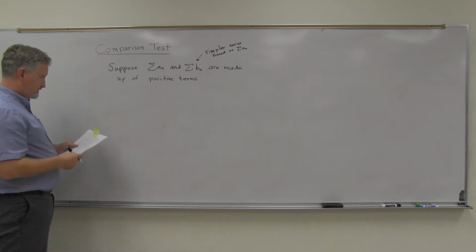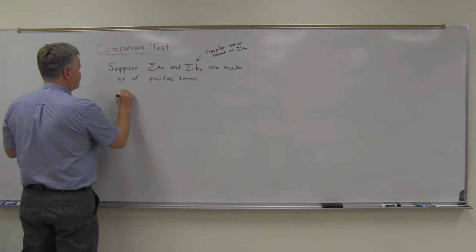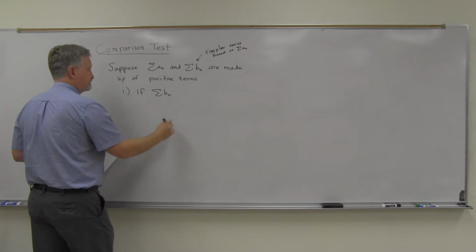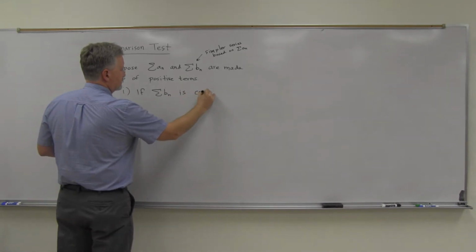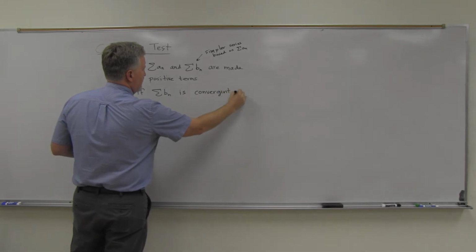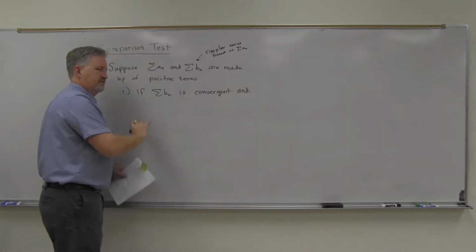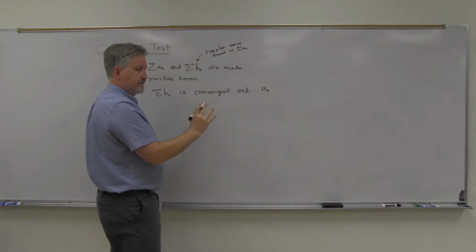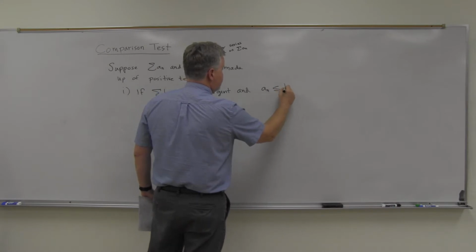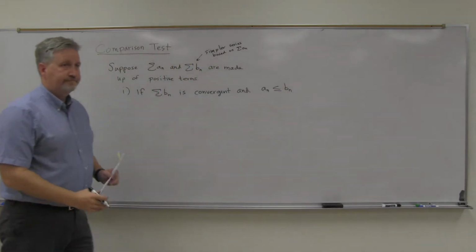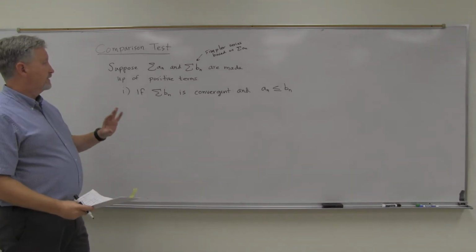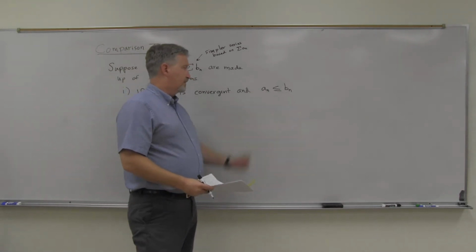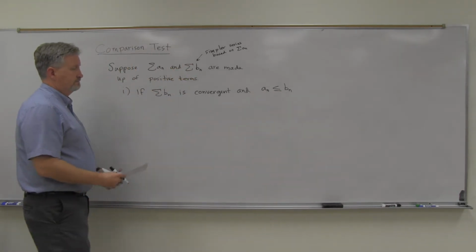All right, so we've got those two series made up of positive terms. Number one, part one: if the series of the b sub n's is convergent, and the a sub n terms are less than or equal to the b sub n terms, so we compare term by term, if you will. a sub n is less than or equal to b sub n.